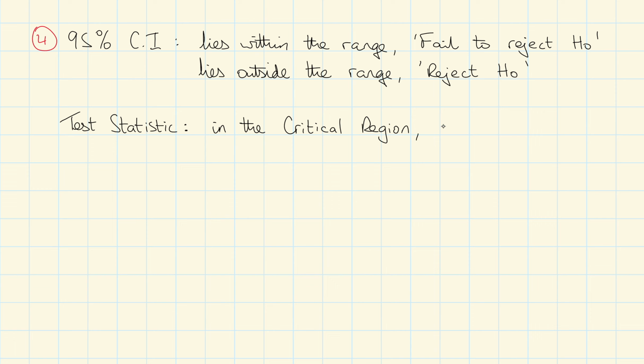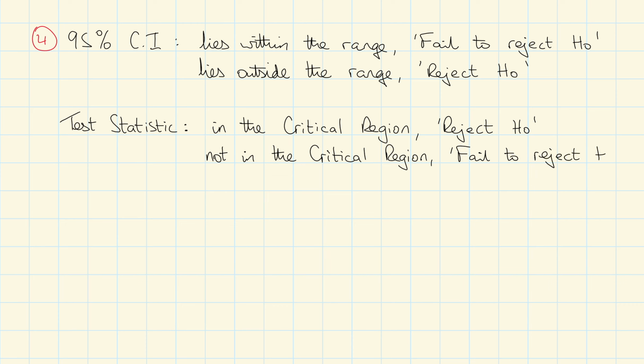So if it's in the critical region, then we reject the null hypothesis. And again, comment on your workings. But if it's not in the critical region, then we fail to reject the null hypothesis.